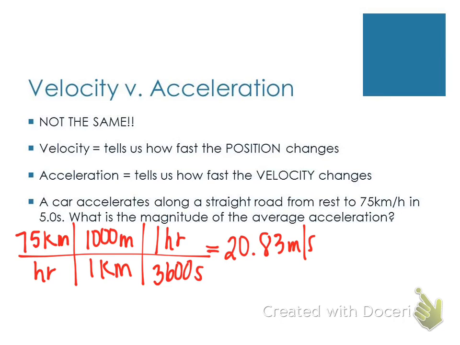All right, so we know, what's our initial velocity here? 0, right? Because it says it accelerates from rest. Our final velocity we know is 20.83, and our time is equal to 5 seconds. Okay?